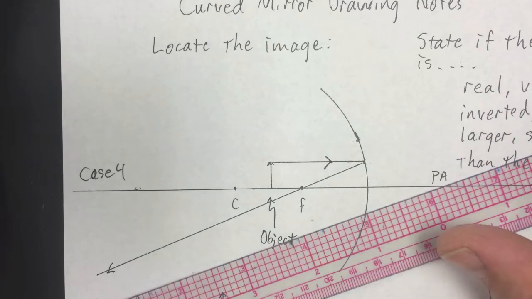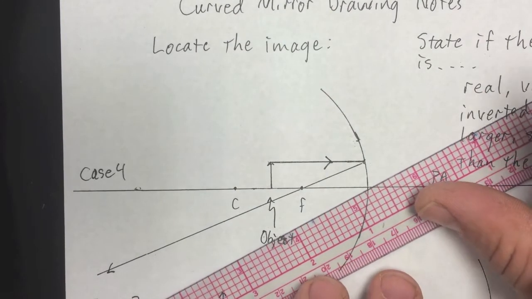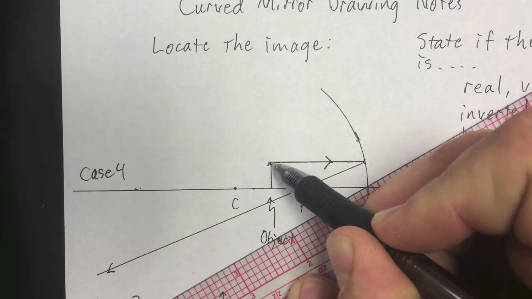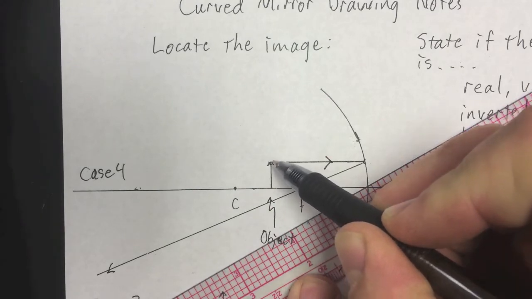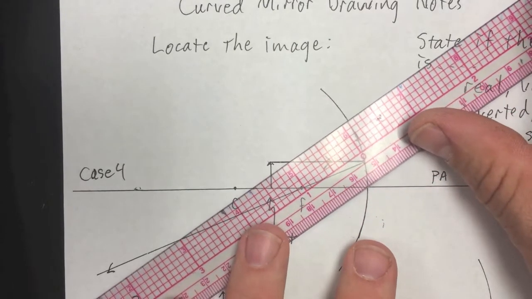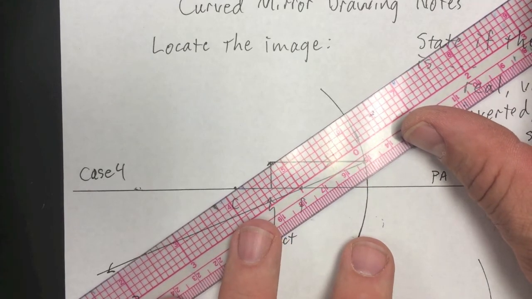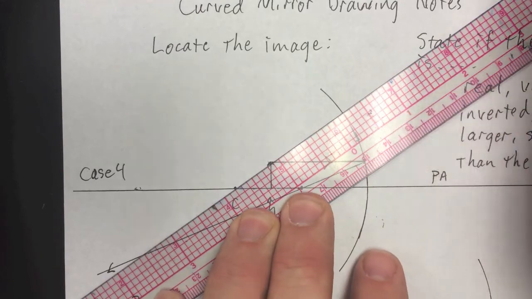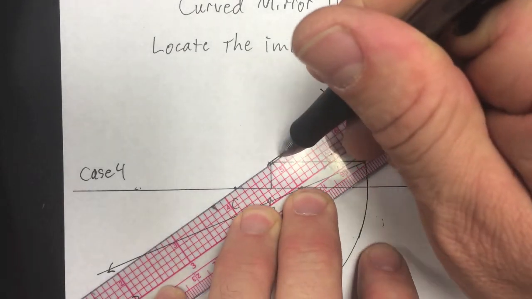The second light ray we draw just goes through the center of curvature, and it leaves the top of the object. So I put my ruler at those 2 points and draw it from the object first.